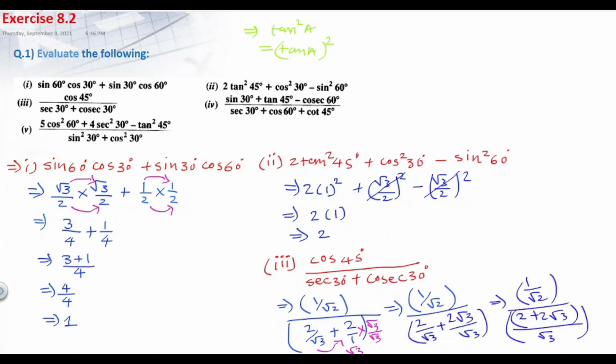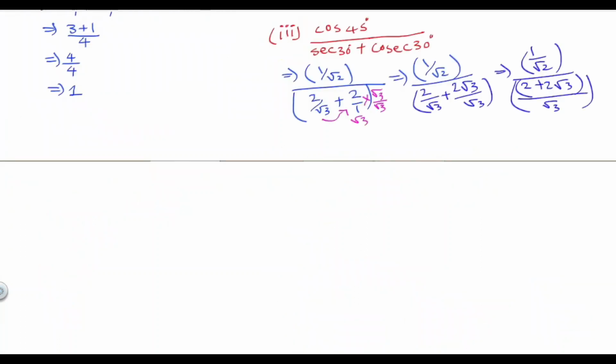Okay, now we have 1 by root 2 divided by 2 plus 2 root 3 divided by root 3. Okay, when we have this type of condition, then we will move to multiplication. And how?